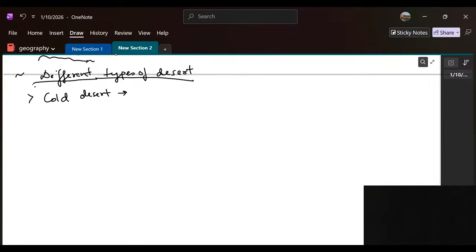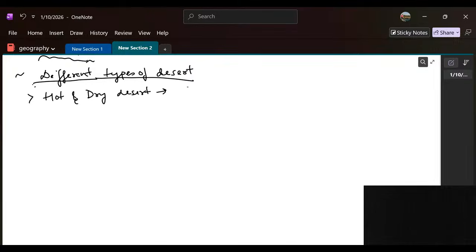I'm not going to take the usual examples, only something which is not very obvious. So hot and dry desert, say for example, the Sahara Desert. Sahara Desert is in Africa.